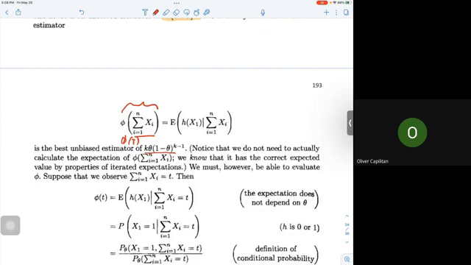Supposedly, kung gusto niyo siyang i-check without using the theorem, para ma-verify mo itong phi of t unbiased estimator, kailangan mo muna isolve yung expectation ng phi of t. Kung equal ba talaga siya sa function of the parameter theta. Yan yung sabi dito.